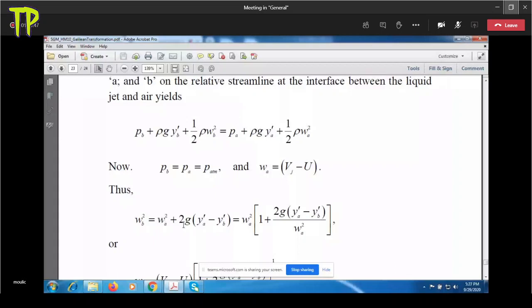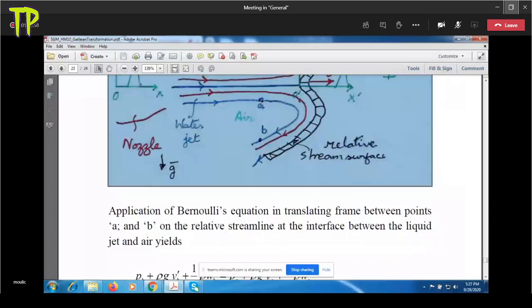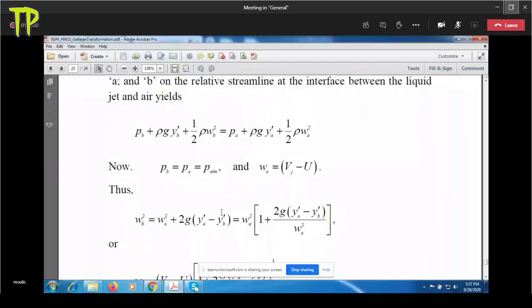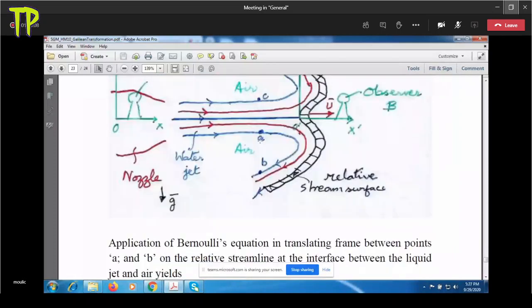So the square of the relative velocity at this point B, the downstream point on the streamline, is equal to the square of the velocity at the upstream point A plus 2g times h, or whatever you want to call it, which is the difference in the heights between A and B.